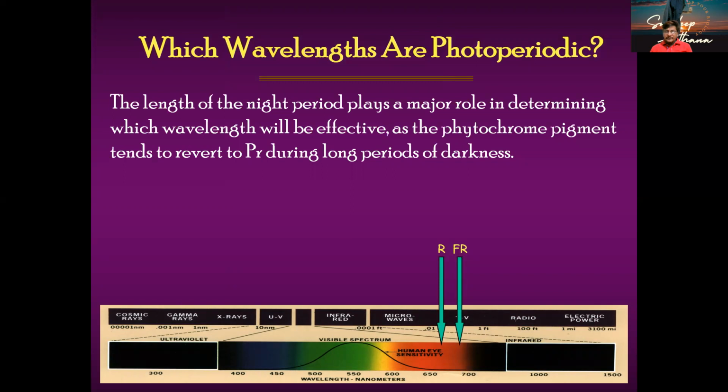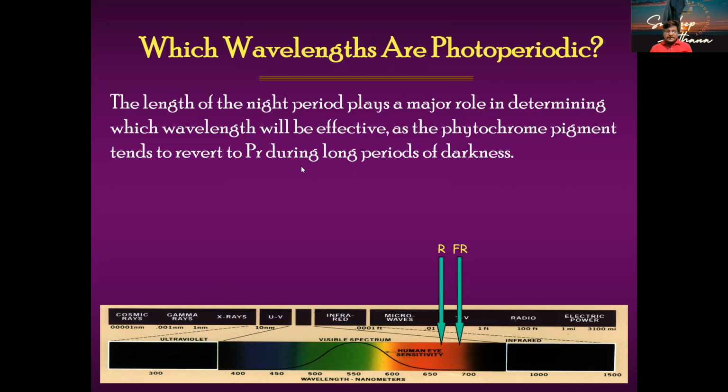So which wavelengths are photoperiodic? Photoperiodism, as a term, was discovered by Allard and Garner, and they were talking about the length of the light, which is very, very important. When we talk about the length of the light, we have to focus on both parts, the light part as well as the dark part.